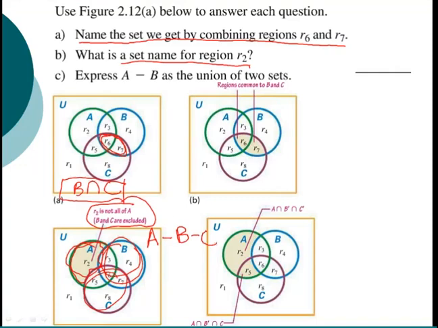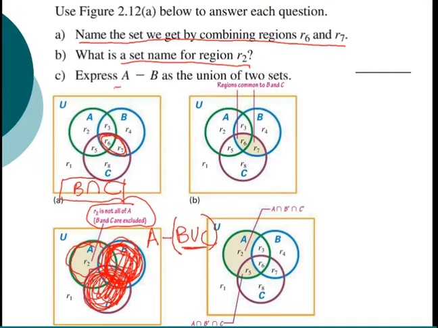I want to subtract the union of B and C, because I want to subtract all of B and C together, not B then minus C. B and C, if I shaded them in really dark, would be all of this area here. That's what I want to cut out of A.